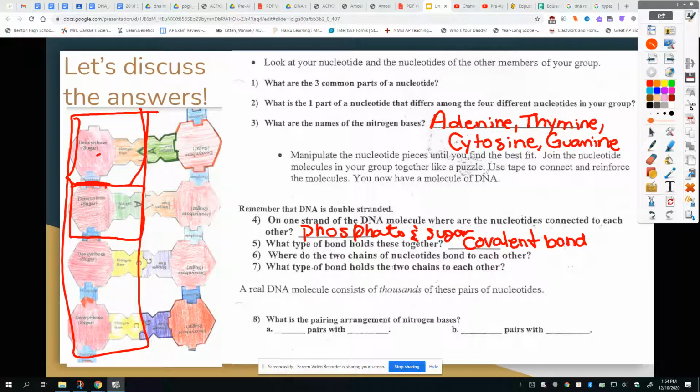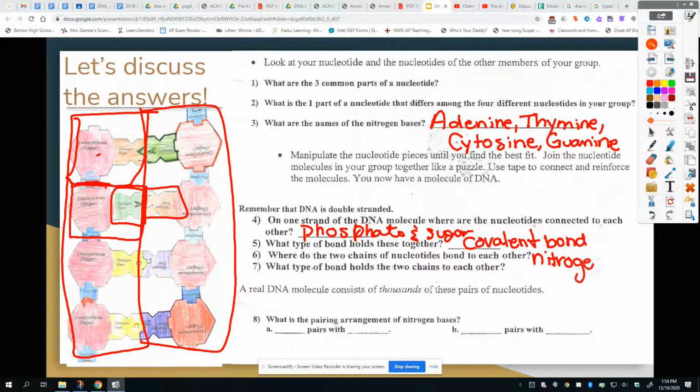And where do the two chains of nucleotides bond together? So now they're talking about this chain and this chain. Where do they connect? Well, they connect here between this base and this base. So the nucleotides come together between the nitrogen bases. And the bonds that hold them together are weak bonds.